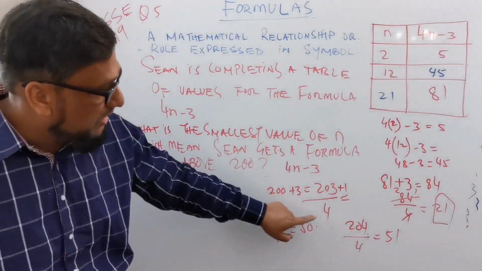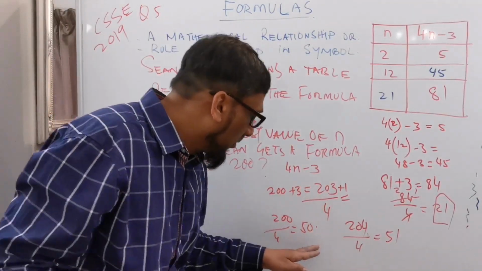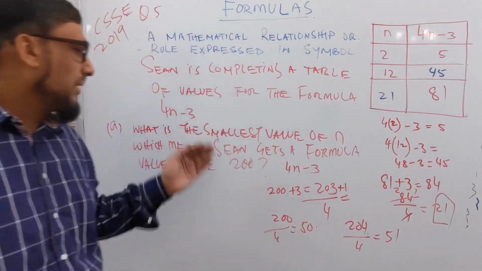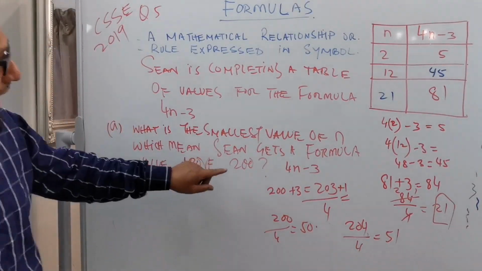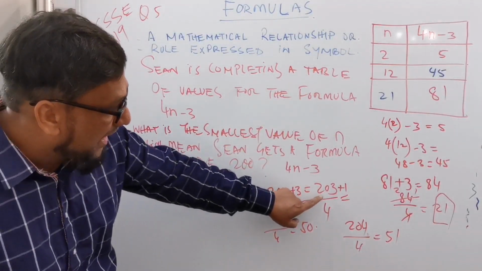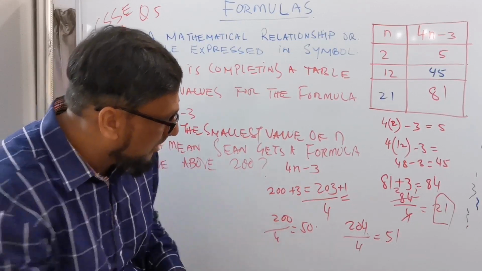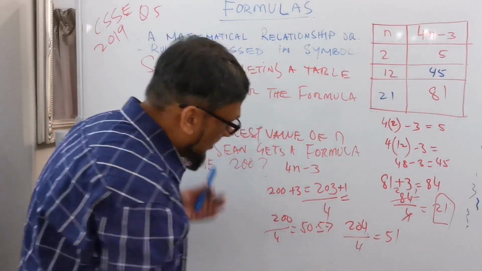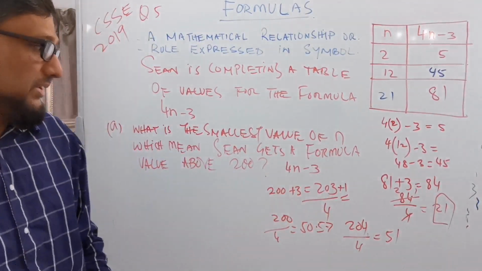When we divide 203 by 4, the number is 50 point something, which is a decimal. The number has to be a round number, not a decimal, and they also said above 200. So 203 divided by 4 is 50.56, and this is not a round number.